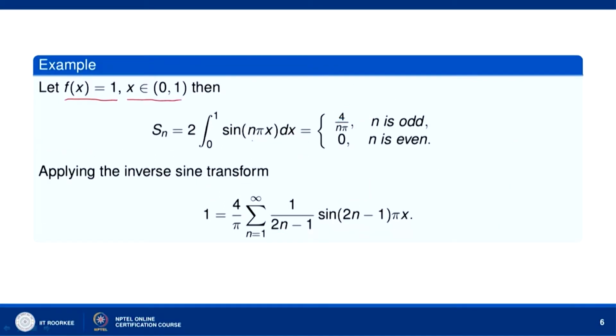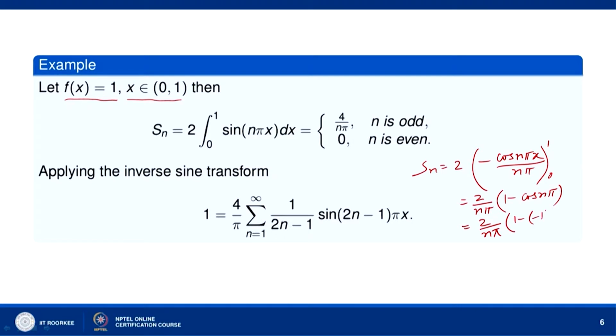In place of f x we put 1, so sine n pi x dx. So, S n will be equal to 2 times, let us integrate, minus cos n pi x divided by n pi. You put the values, you get 2 over n pi into 1 minus cos n pi. Now, cos n pi is minus 1 to the power n. So, you get 2 over n pi into 1 minus minus 1 to the power n.